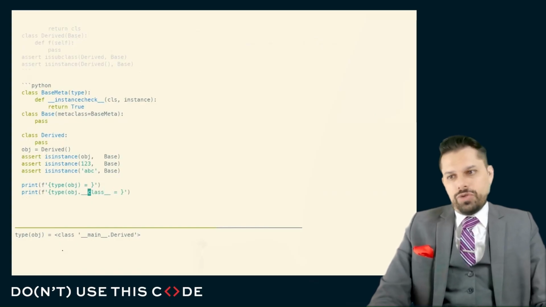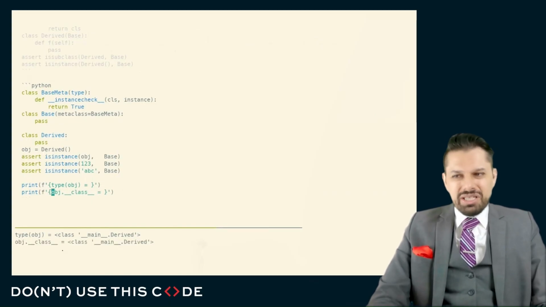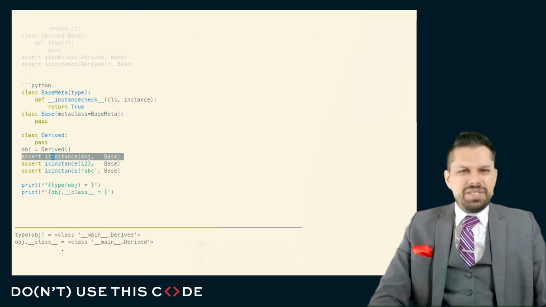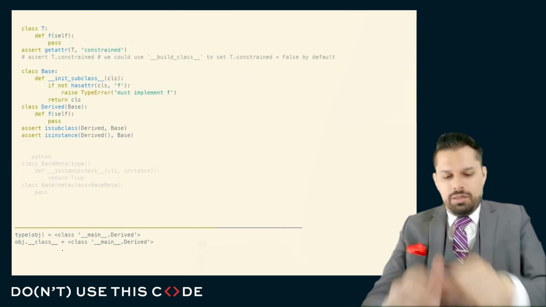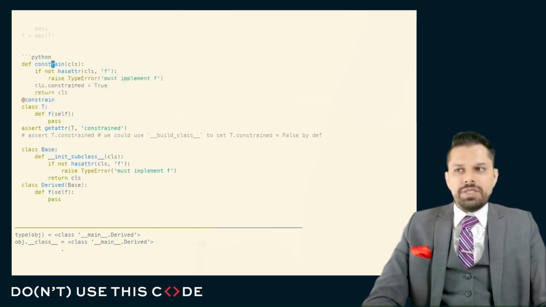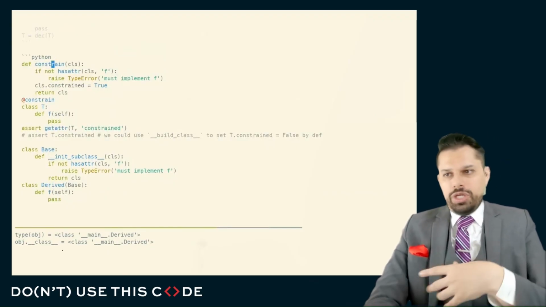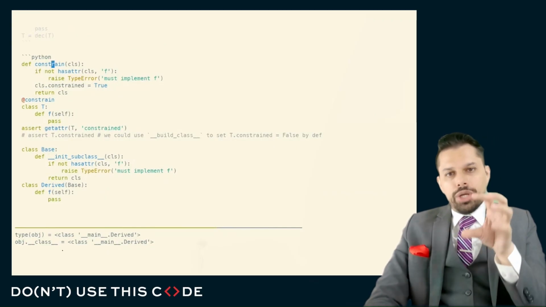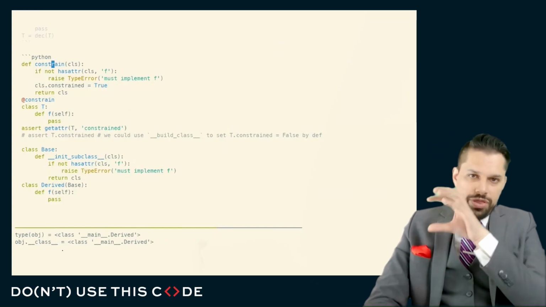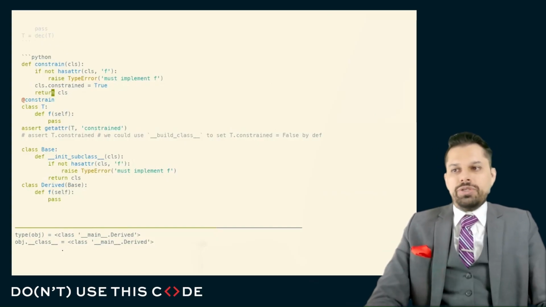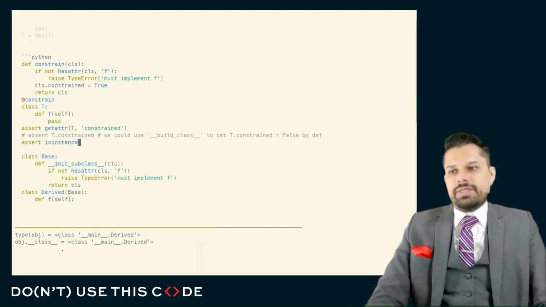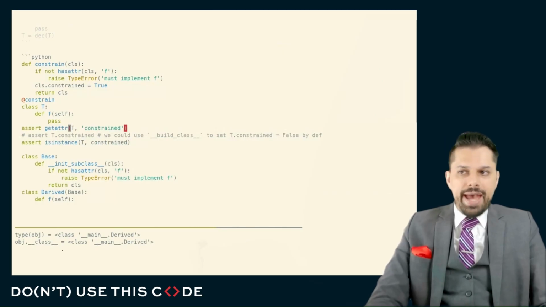This is why in Python it's very difficult for us to create perfect proxies. So there are some limitations to this, and there are some code paths that we wouldn't be able to fake out, but at least for isInstance, really the distinction between the class decorator and the metaclass is quite minimal because we can always add, in combination with the existence of this class decorator, a non-derivable type with a metaclass with an instance check implemented, so that you could still say, assert isInstance t constrained like that.